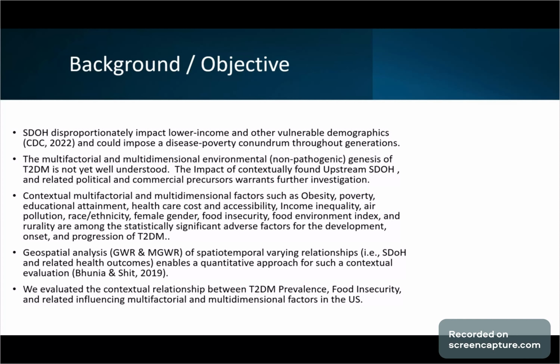Of course, as you all know, SDoH disproportionately impacts lower income and other vulnerable demographics and could impose a disease-poverty conundrum through generations. So use social determinants of health to guide your research and understand how these relate to each other, and obviously, their multidimensional genesis.